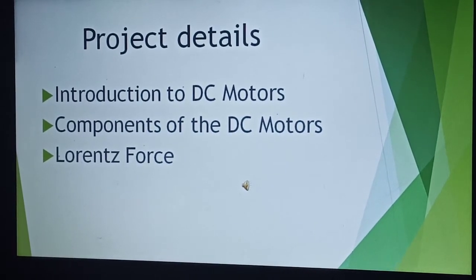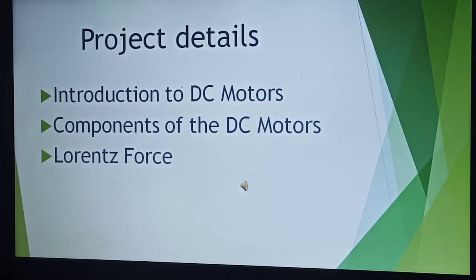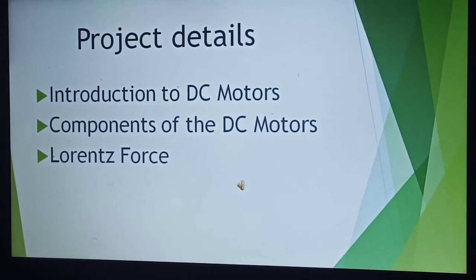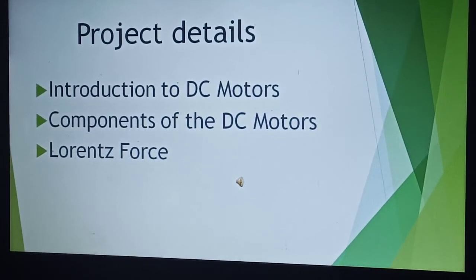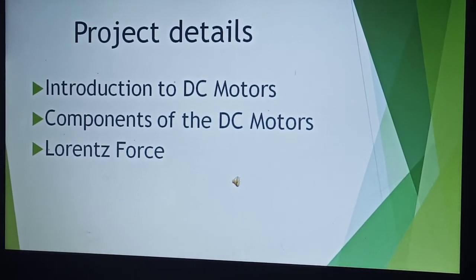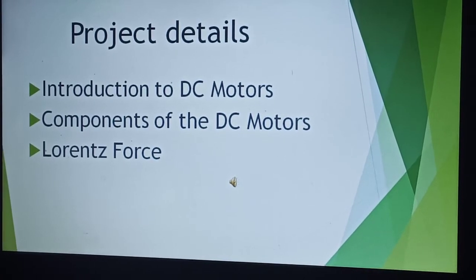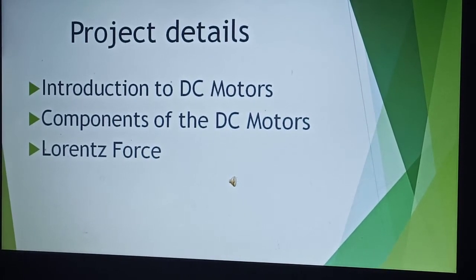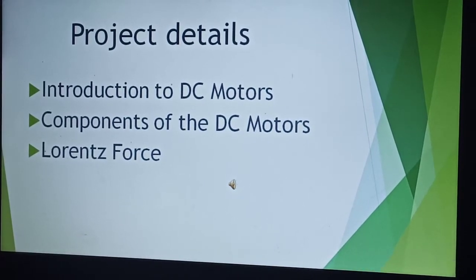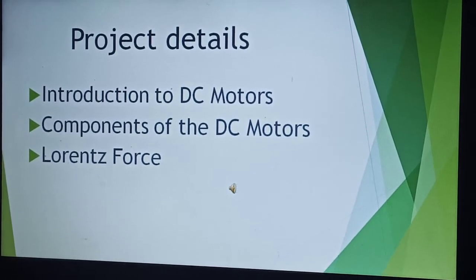This law is known as Lorentz law, which states that when a current carrying conductor is placed in a magnetic field, a force is applied on that conductor, known as the Lorentz force, and its magnitude is F = ILB sin theta. After the Lorentz force, some torque is produced in that coil, and due to that there is rotation, as torque is the rotational analog of force.